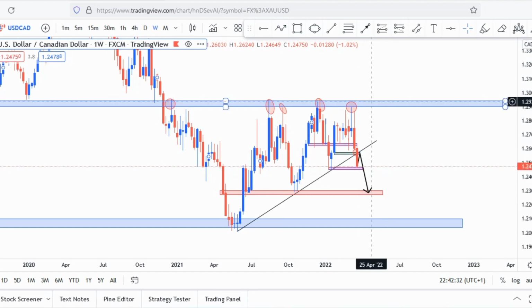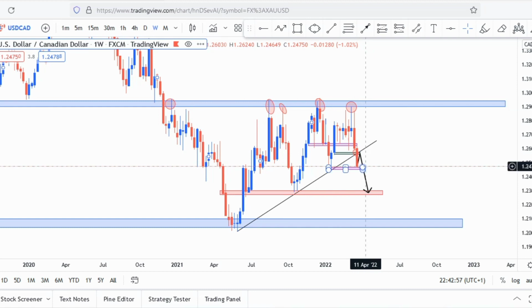So we have to take note of that. Again, we're looking at three possibilities: either price breaks this support level here and continues to the downside, or price retraces a bit to this resistance level, then gives us a sell opportunity to the downside, or price just bounces up even above this trend line and then continues all the way back to resistance up here.